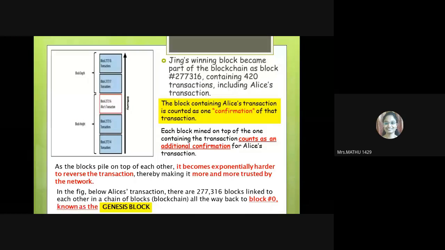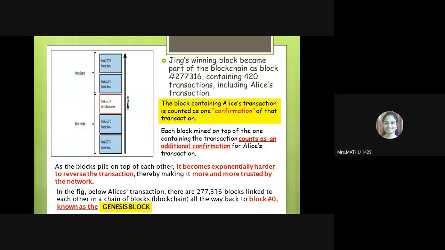So it keeps piling up. When the next block comes, this block is linked with this block. Every block is linked with another block. So 316 is linked with 315 and 317, and 317 is linked with 316 and 318. So it is a chain.